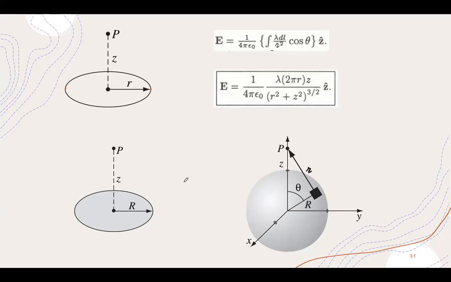So how can we generalize this formula in terms of sigma? Let's suppose sigma is given as charge per unit area. Please try to work this out. This is a little bit of a complicated problem.